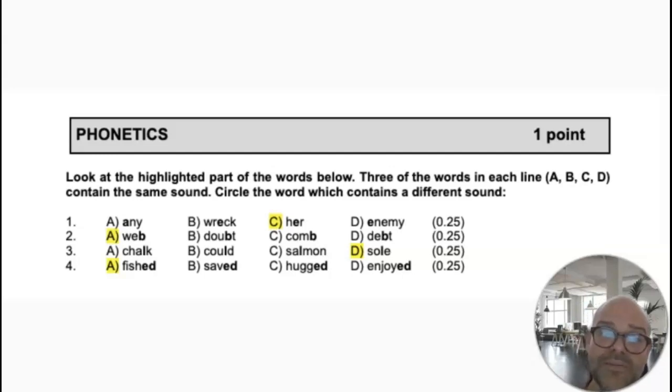Then line number 4, we have the words fished, saved, hugged, and enjoyed. And the different one is the first one, A, fished, because here the ED is pronounced like a T, and in the other words the ED is pronounced like a D, right?